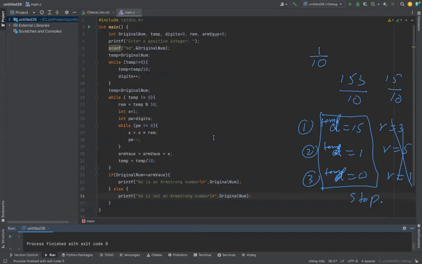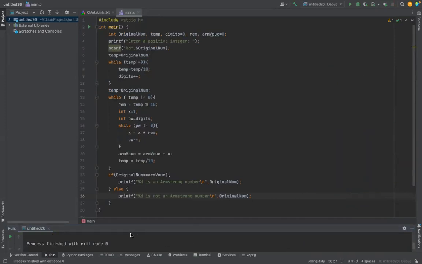Now this is the code for how to find the Armstrong number. Any questions up to here? No questions. Then shall we move to the next one?